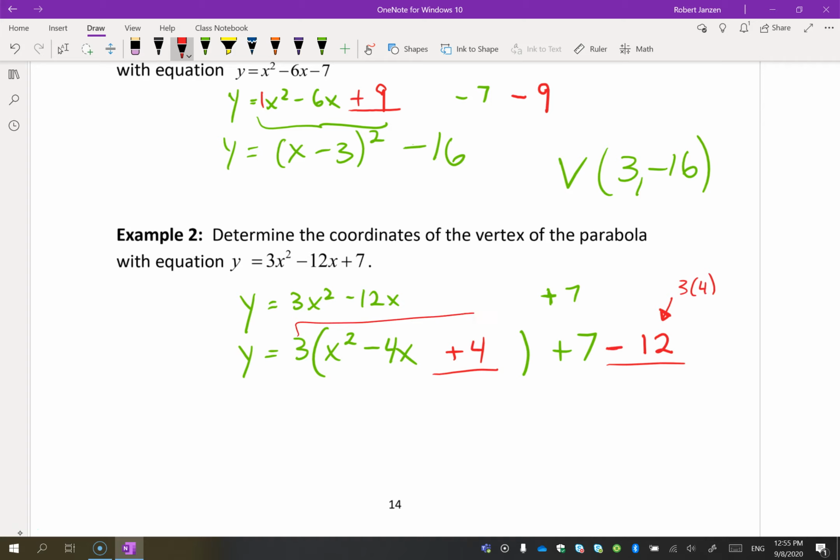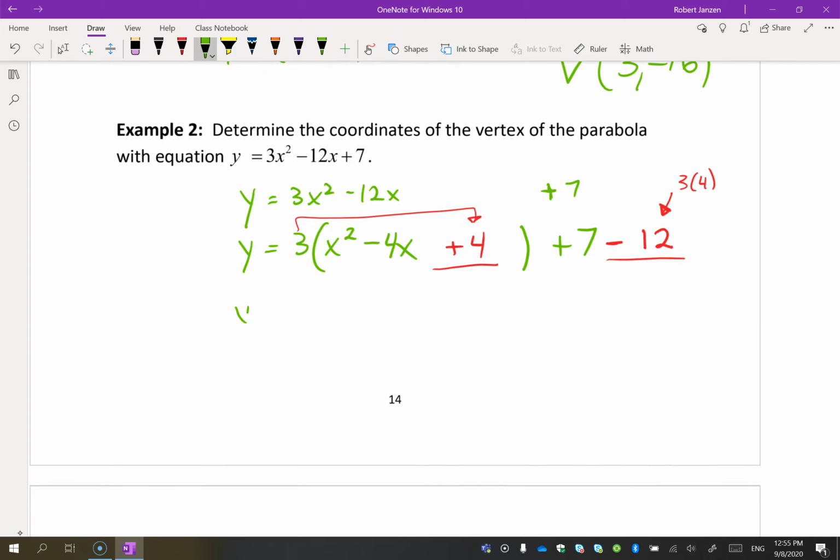This 3 has to be multiplied by the 4, so I put a 12 there, so I have to put a -12 on the other side. So factoring this is going to be x minus 2 squared minus 5. So what's the vertex? 2, -5.